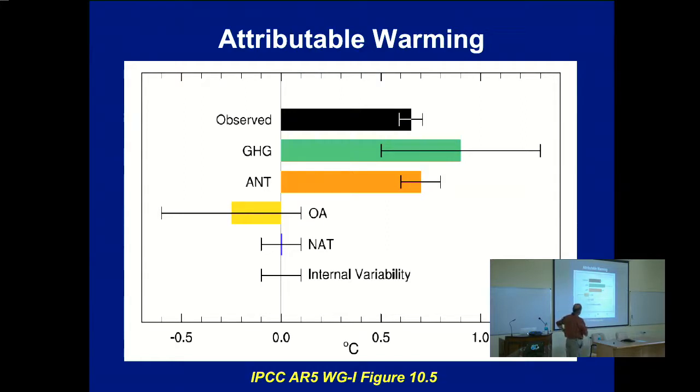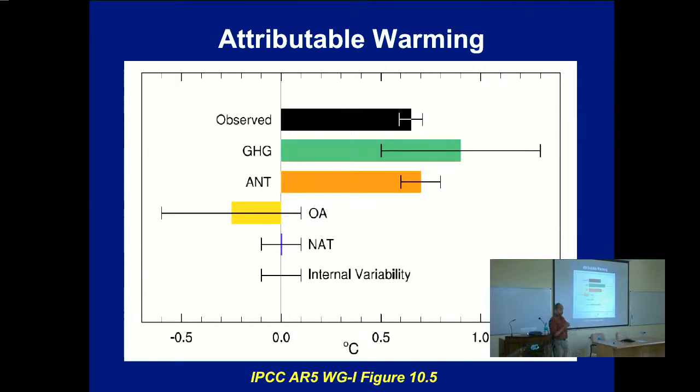So the observed warming since, I think this is since 1850, I forget, but it's a figure in the IPCC chapter 10. So this is the observed warming with some error bars. If you use only greenhouse gases, that represents a warming actually more than the observed.